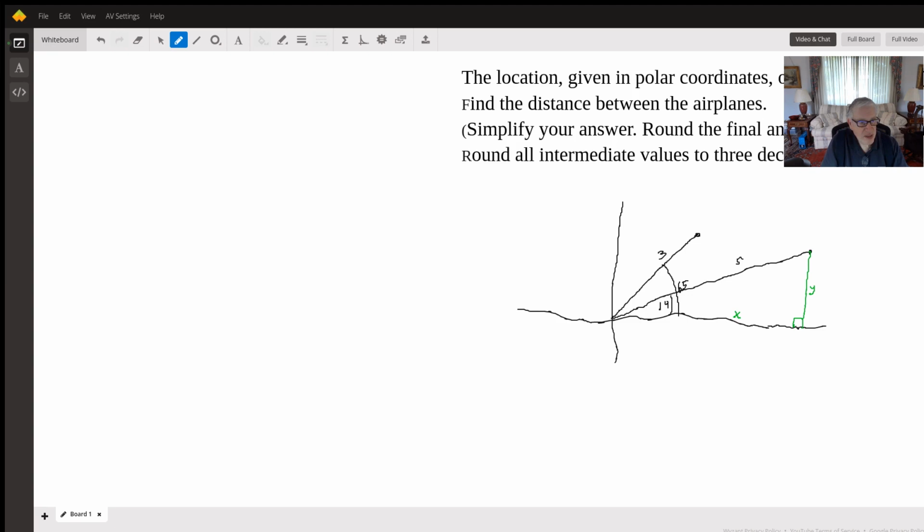And I get, on my calculator, 1.21, round to 3 decimal places, so put a 0 there. And the cosine of 14 is going to be x over 5.